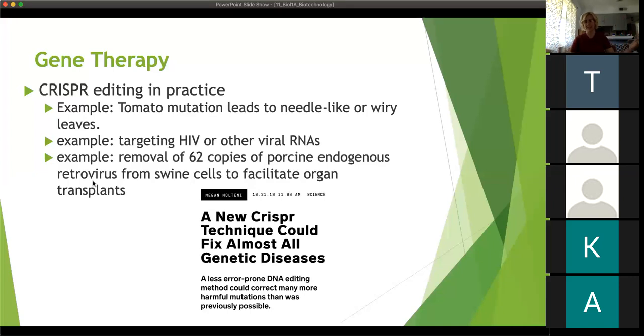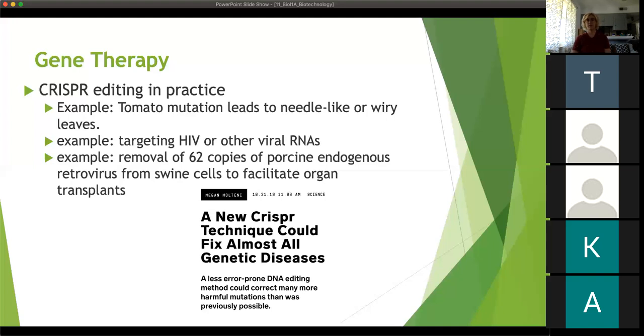We have all this junk DNA. And sometimes that junk DNA actually isn't junk. It can do stuff. And we don't quite know exactly what it's doing. But when you mix the junk DNA from a pig with the junk DNA from a person, they all kind of get activated. And again, you start getting rejection of the organ.